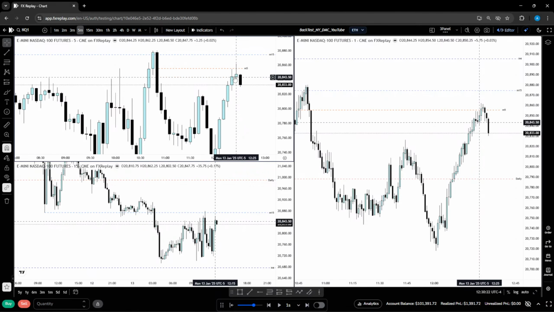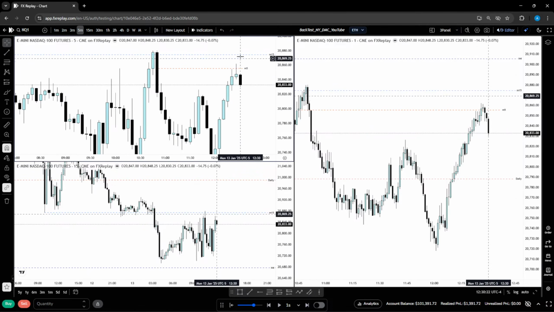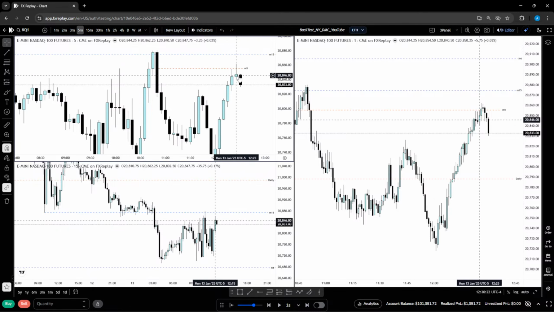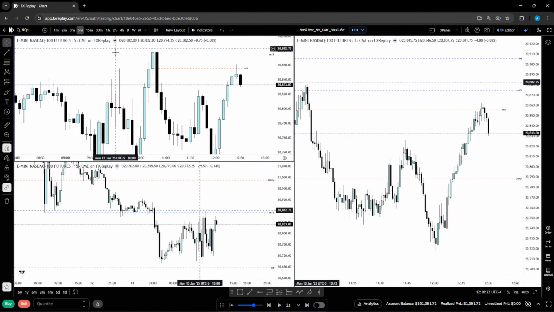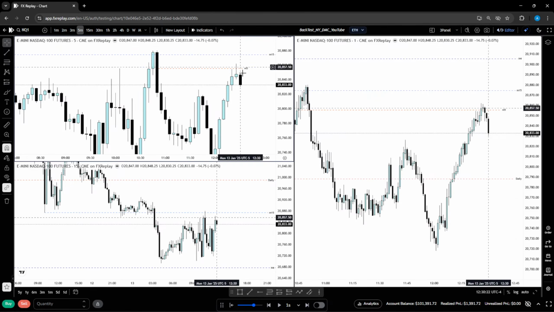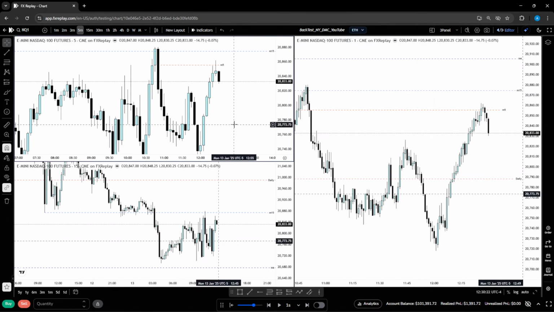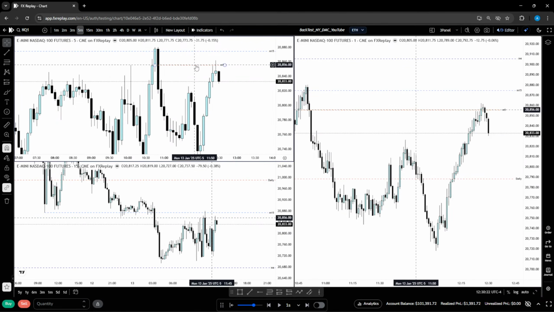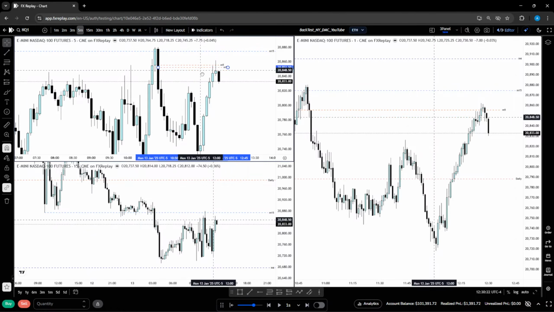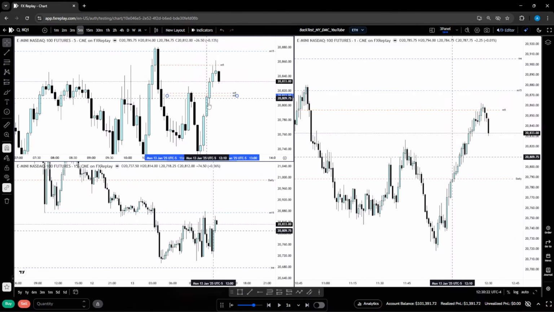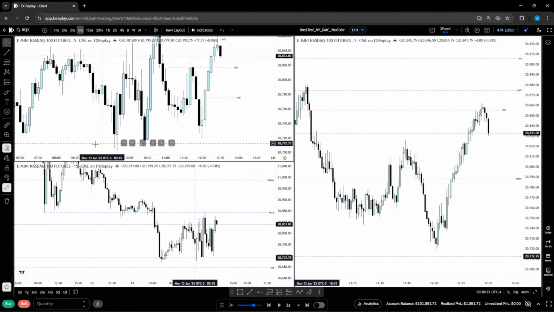So we basically closed below this level and now we are moving lower. So basically a failure, a swing failure. We could potentially go down to this level or this level or take out these lows.